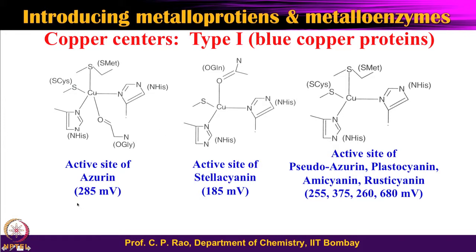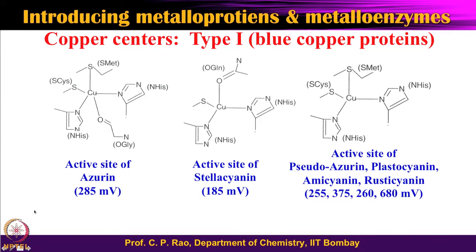Take azurin, and you see that the redox potentials are changing: 285, 185, 255, 375, 260, 680. The lowest here is 185, the highest is around 680, so the difference is about 500 millivolts. Changing the coordination alone is probably not sufficient, and the protein must also be making a contribution to the redox potentials.